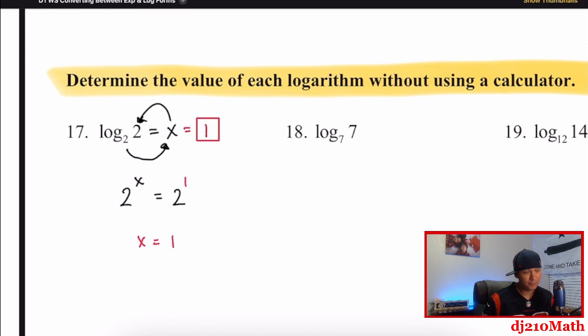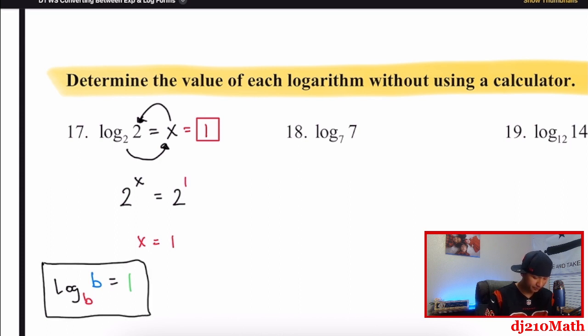And again, there's a very important property: if the argument and the base equal each other, log base whatever, and the argument is equal to the base, then this is going to equal 1 every time.